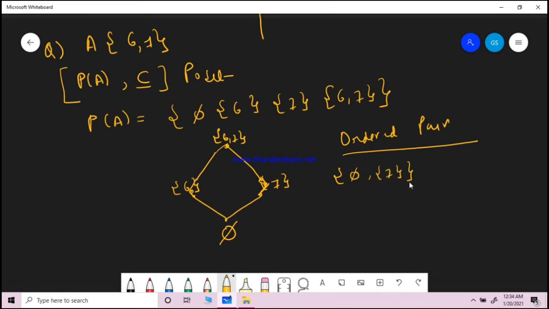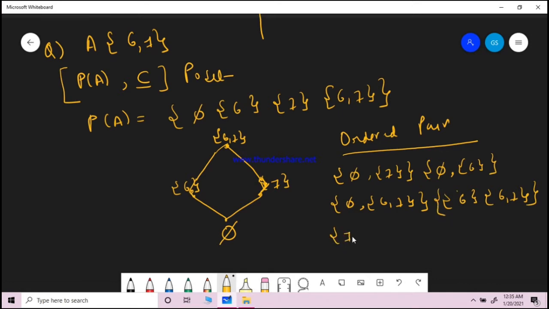The next pair is the empty set and 6. What else? The empty set with 6, 7. What else? 6 with 6, 7. What else? 7 with 6, 7.